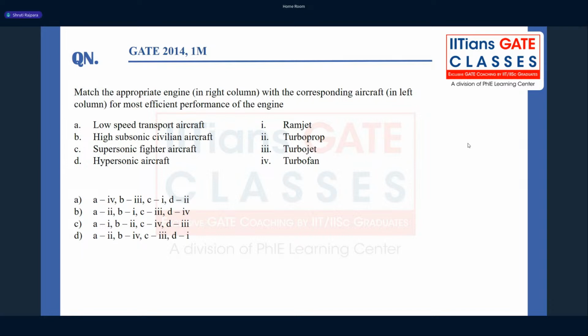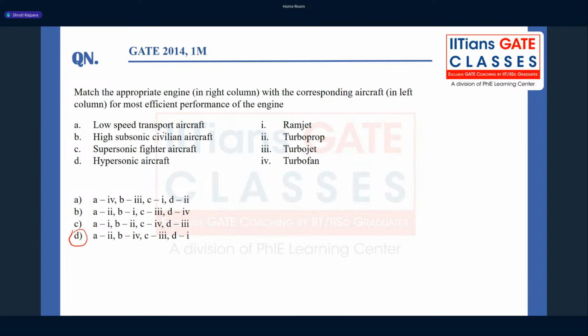It asks that for the given aircraft, what will be the engine that can give you the most efficient performance? Yes, the correct answer is D indeed.